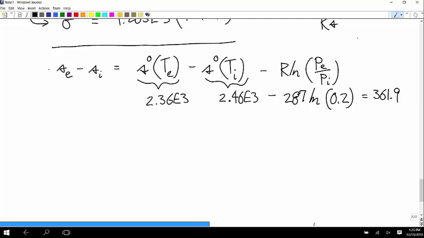It's ideal, and in this one we're taking into account the fact that the specific heats are changing. The other one we're not. So you'd expect this one to be the accurate one, and the other one to be an approximation.